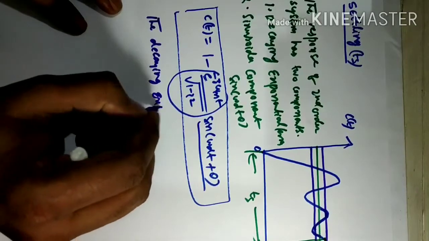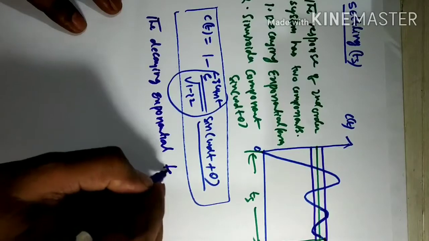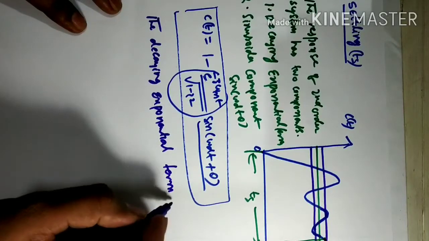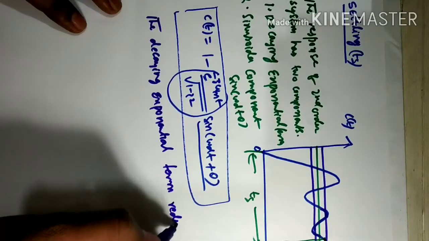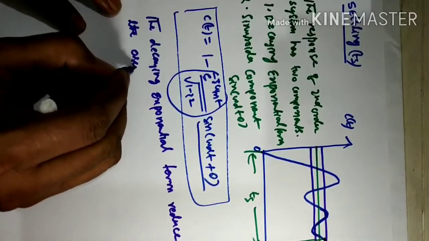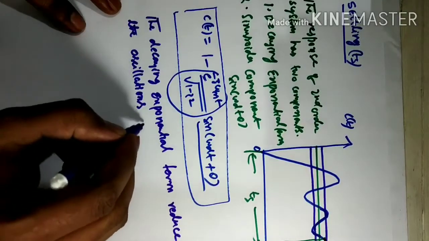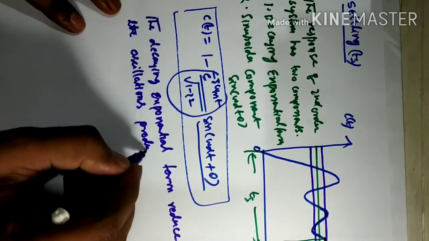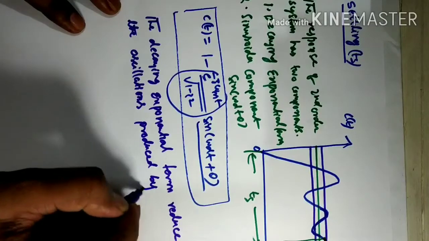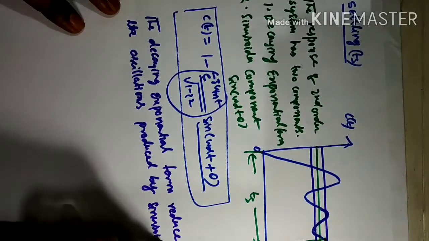Now the decaying exponential term reduces the oscillations produced by the sinusoidal component.